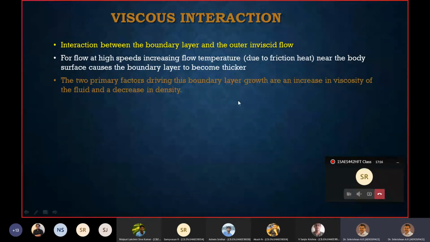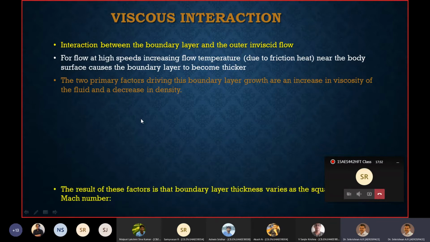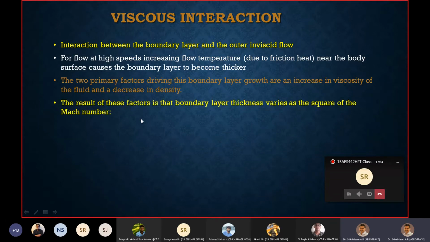So this coupling or this interaction of the outer stream with the viscous layer, or the other way around, the growth of the viscous layer affecting the outer region with increase in viscosity and reduction in density is what is referred to as viscous interaction.